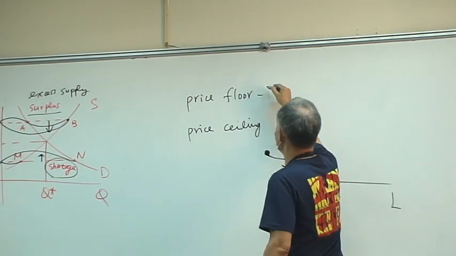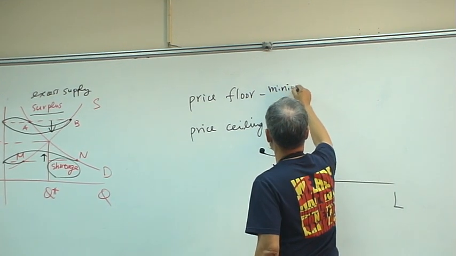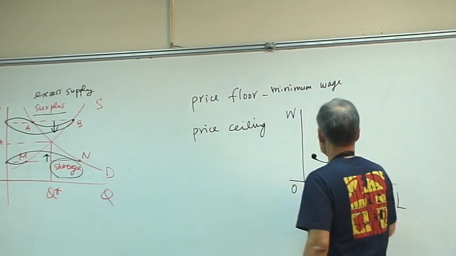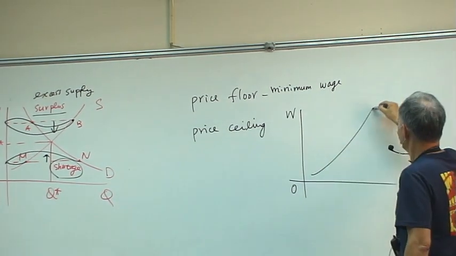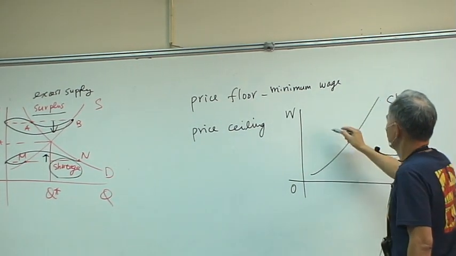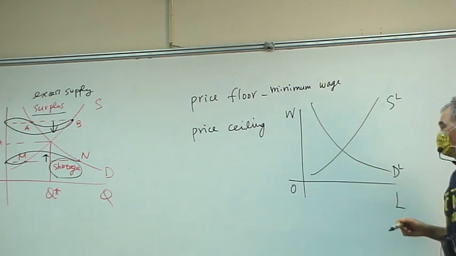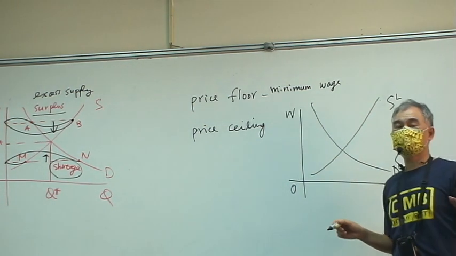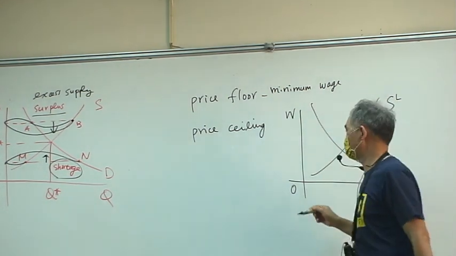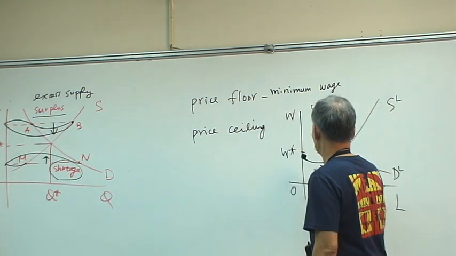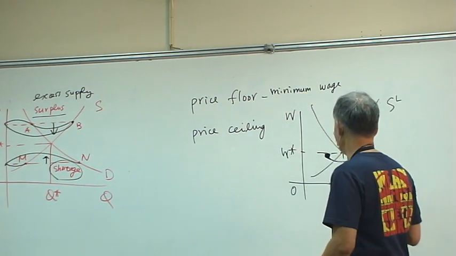The example is minimum wage. So you have labor supply, you have demand for labor. Basically, suppose the market is free, then you get the equilibrium wage, and then the equilibrium employment level.